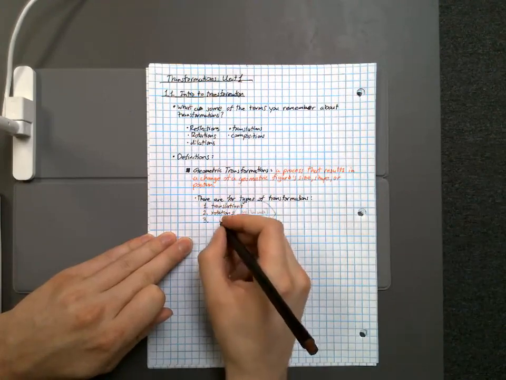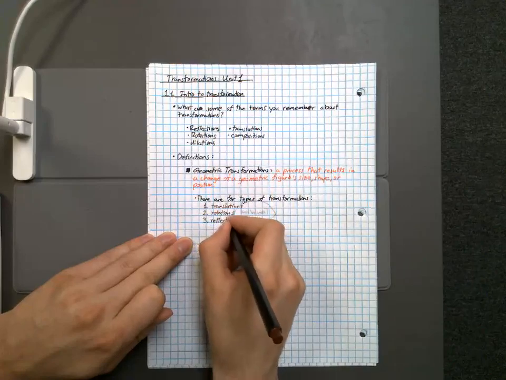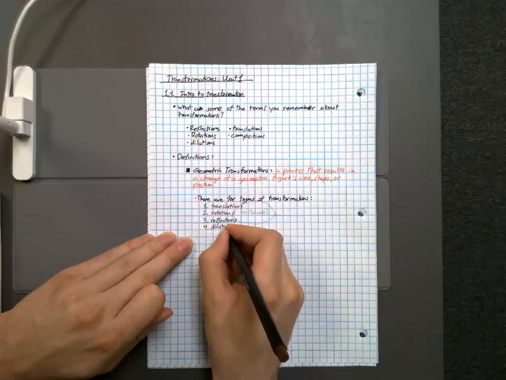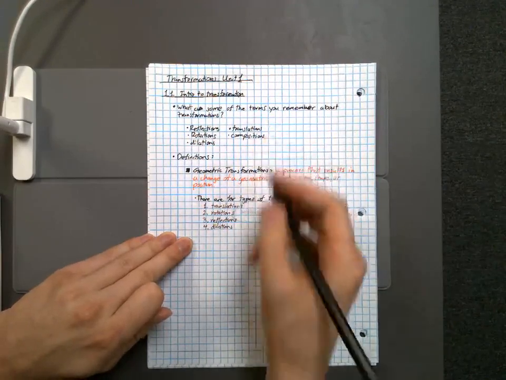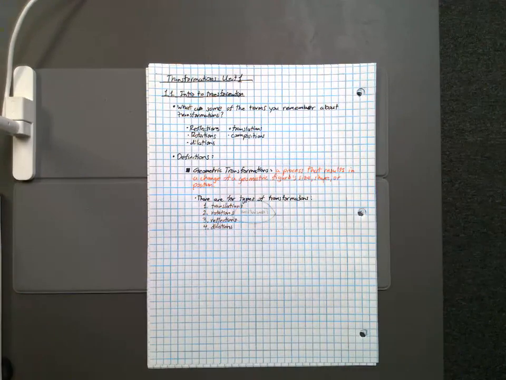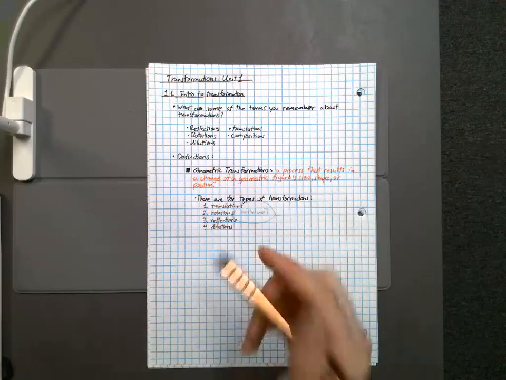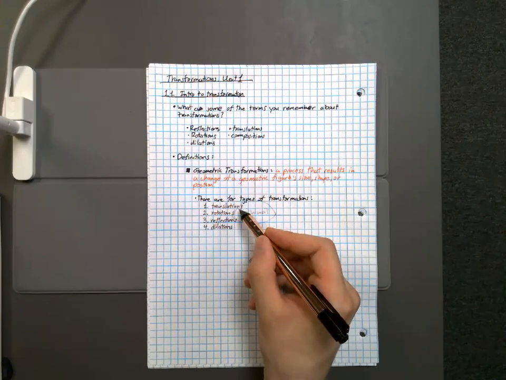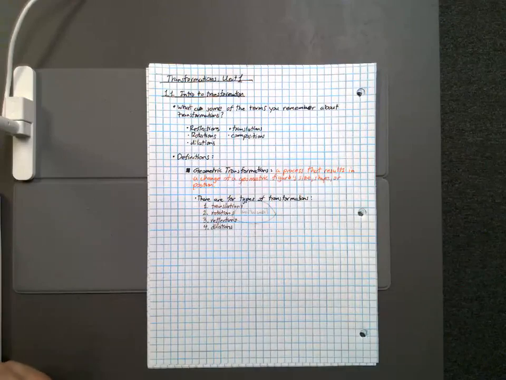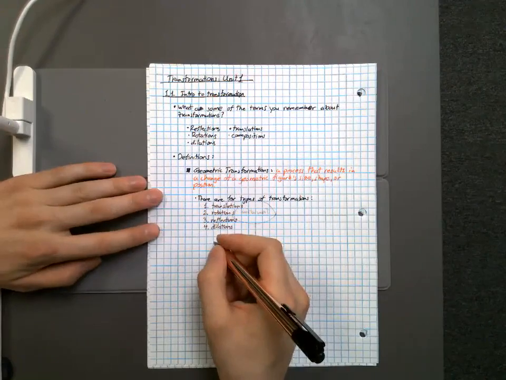Number 3, reflections. Number 4, dilations, which we mentioned previously up above with our question right here. Okay? So those are the 4 that we're going to be looking at in this unit and throughout the sections. Specifically, each one will have their own section. We'll be covering translations today, and specifically in the second part of this video. But each and every one of these will have their own video that you will see throughout this week.